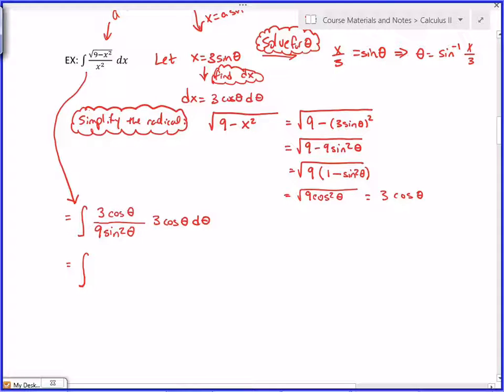We get 9 cosine squared theta divided by 9 sine squared theta d theta. So what can we do there? First thing is cancel the 9s.